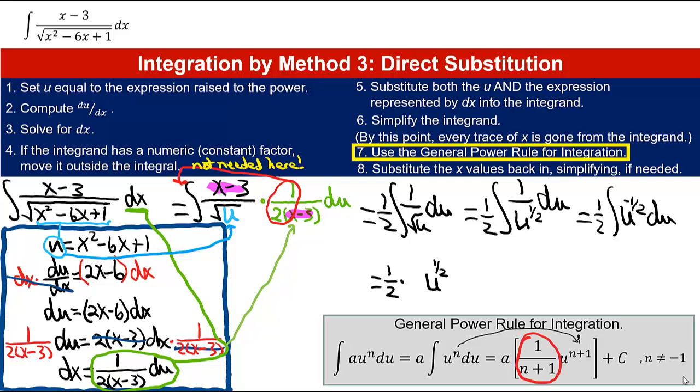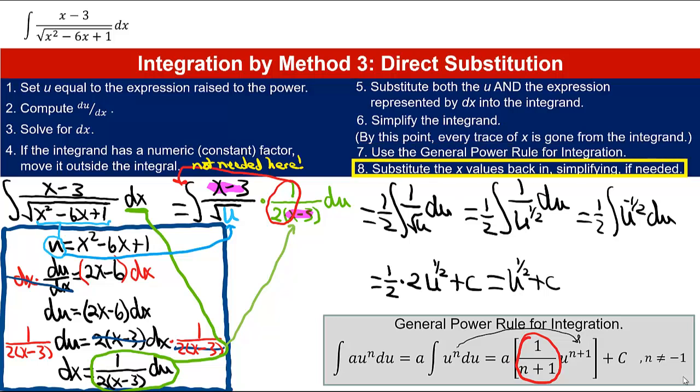And finally, the general power rule for integration says that we have to multiply by 1 over the new power. 1 over a number is just the reciprocal of the number. So 1 over 1/2 is 2. So we have to put a 2. And as always, with indefinite integrals, we have to put a plus c. Now we're sort of playing cleanup. 1/2 times 2 is just 1, so we end up with u to the 1/2 plus c.